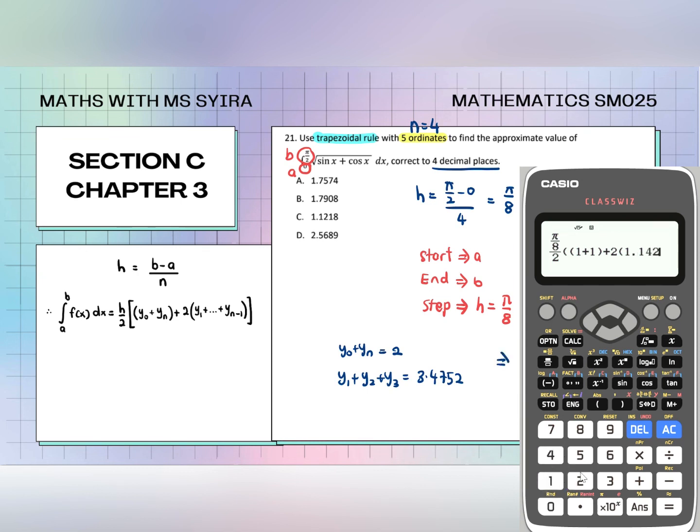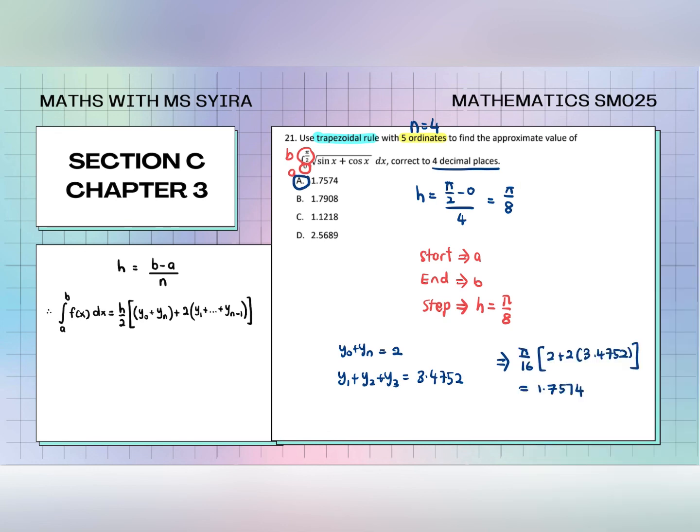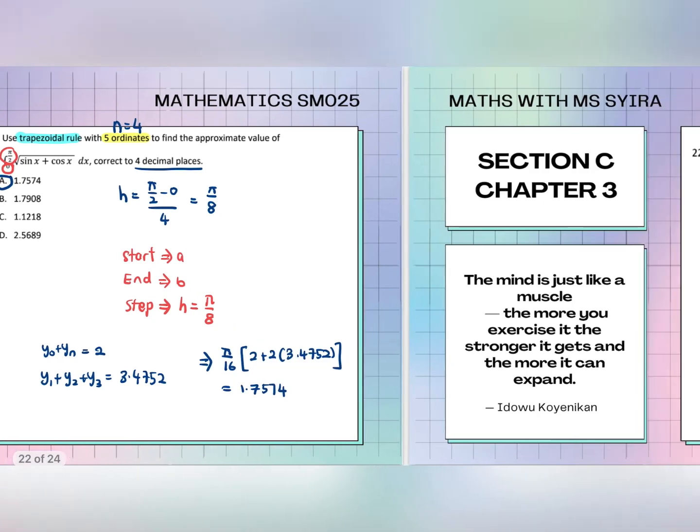Ini saya dah salin dah. Plus dengan 1.1892 and the other one will be 1.1430. Okay, and then tekanlah equals. So we get the answer is 1.7574. 4 decimal places kan? 1.7574.